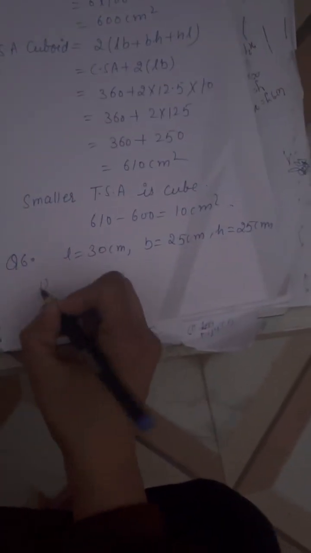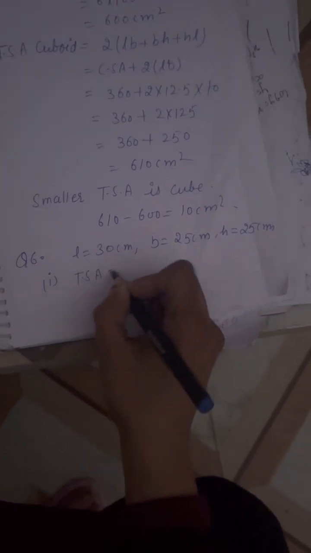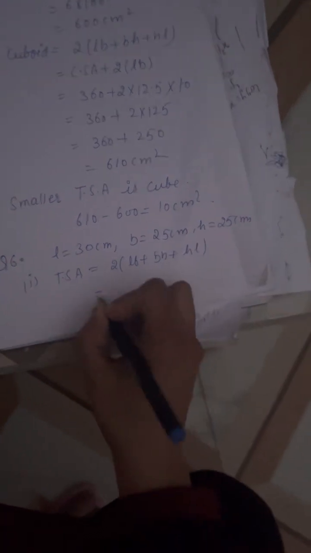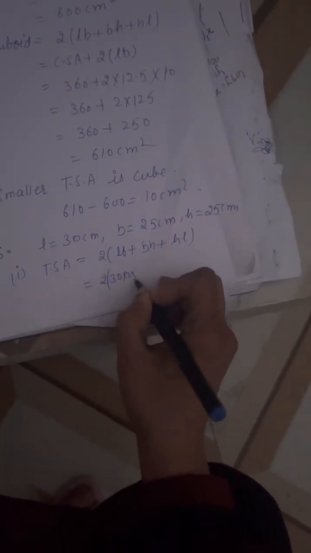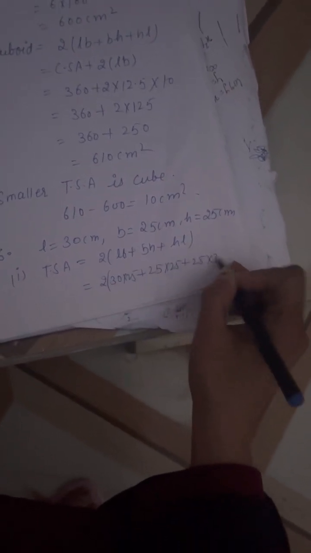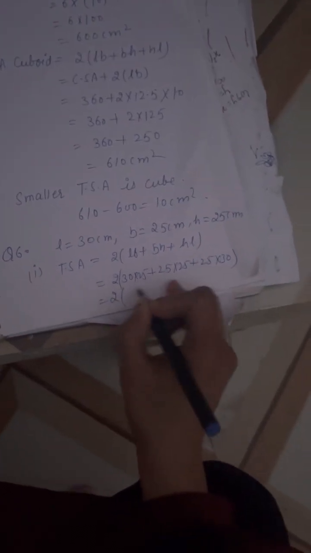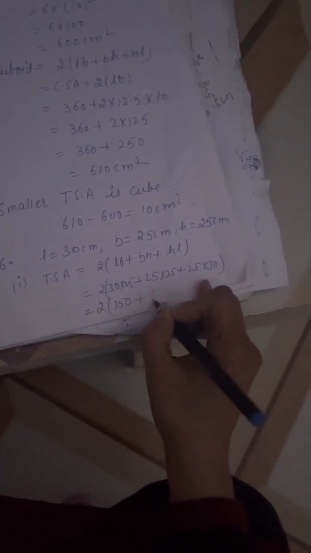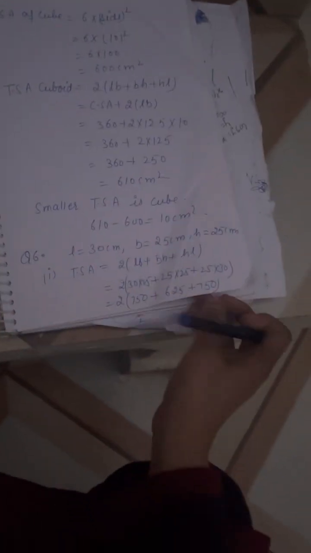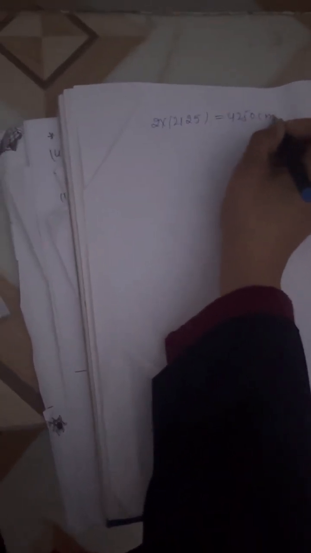First we have to find the area of the glass, means we have to find the total surface area, that is 2(LB plus BH plus HL). 2 into length 30 into breadth 25, plus breadth 25 into height 25, plus height 25 into length 30. So 750, 625, 750. 750 plus 750 plus 625, 2125 will come. 2 into 2125, that is 4250 centimeter square.